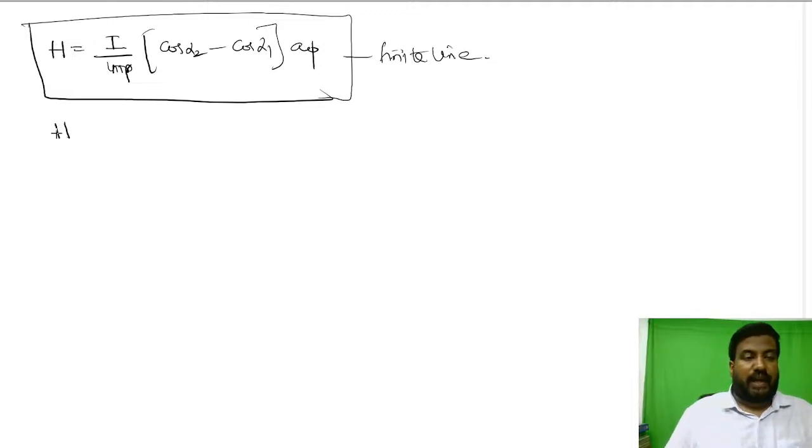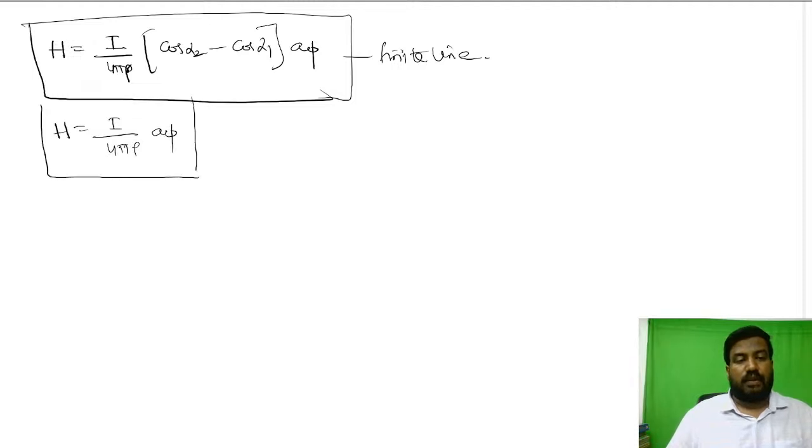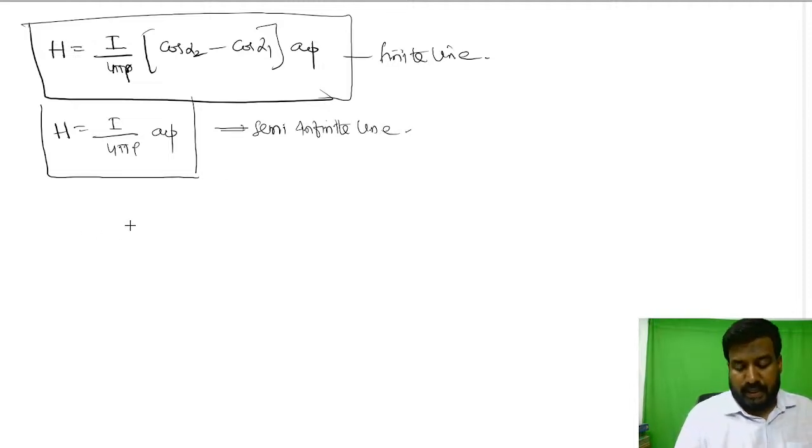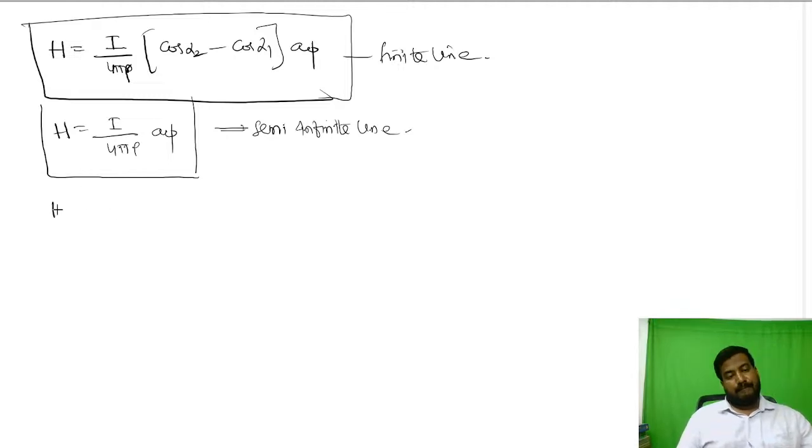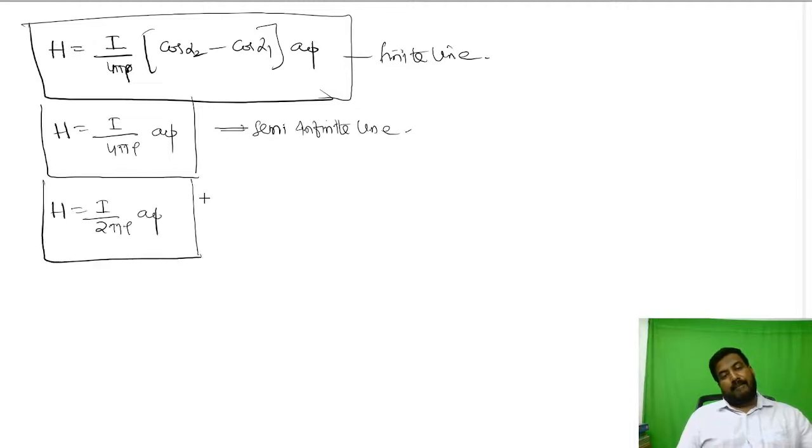For a semi-infinite line, H is I by 4 pi rho A phi. For an infinite line, H is I by 2 pi rho A phi.